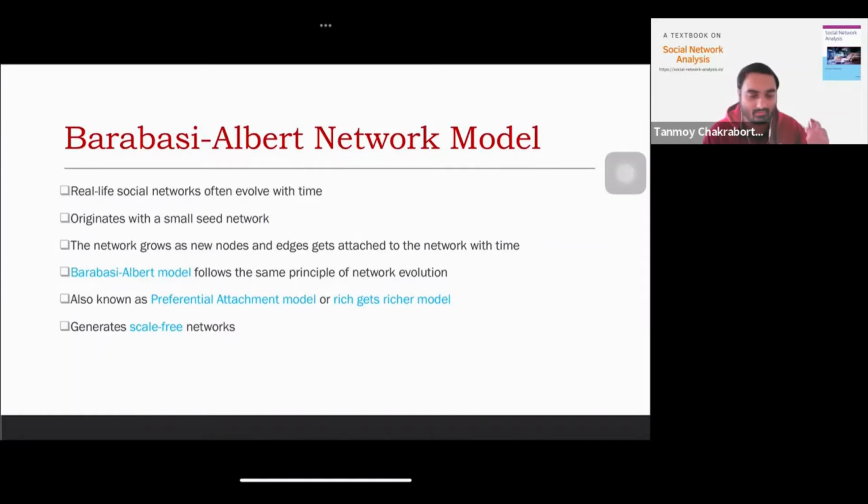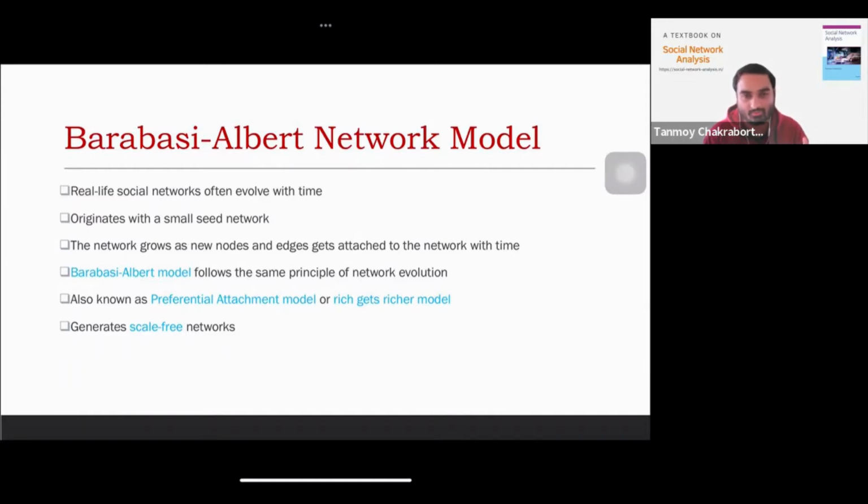We saw that it is small world, but it does not follow power law or the clustering coefficient property. Then we moved to the lattice network model, and there the clustering coefficient property is followed, but the power law is not, and it was also not a small world network.